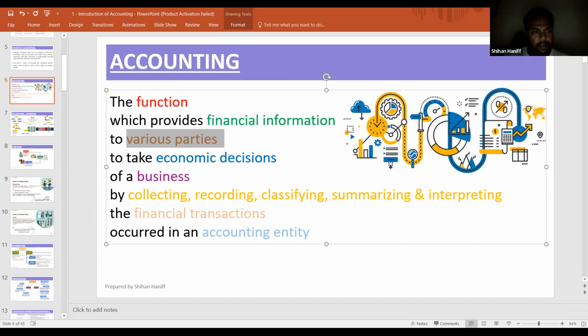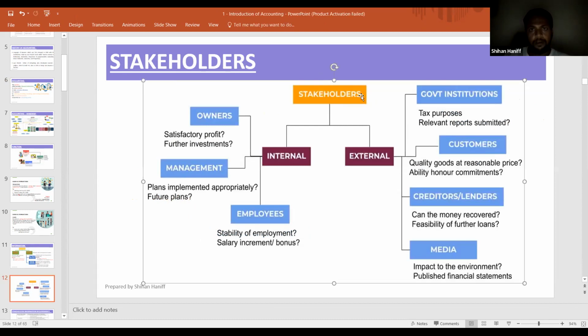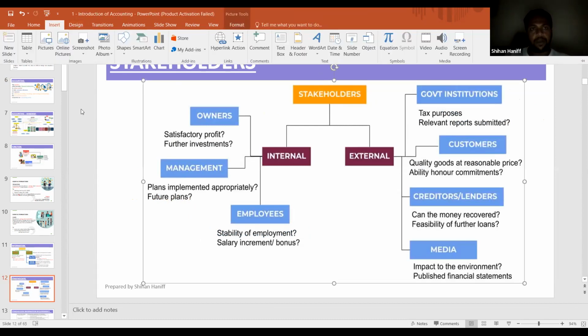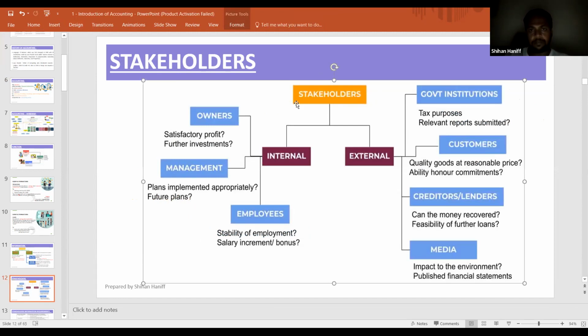Various parties are called stakeholders. Stakeholders can be divided into two: internal stakeholders and external stakeholders. Internal: the owners, employees, and the management.